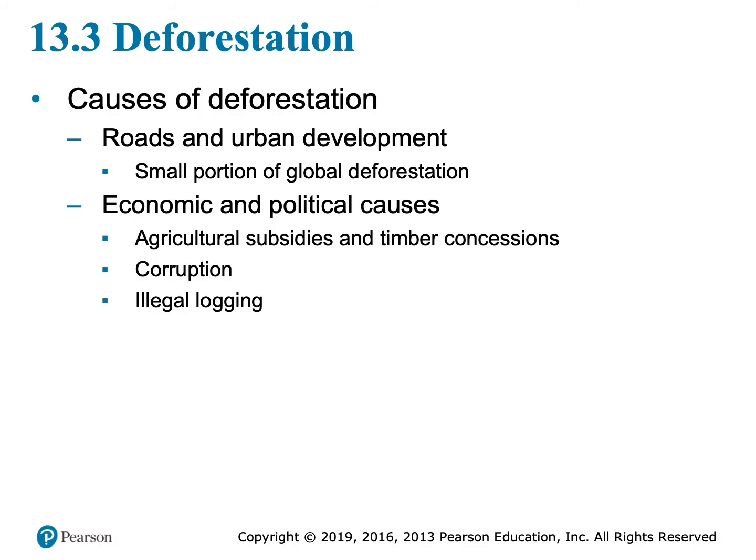This leads us to our last two causes of deforestation in your notes. Roads and urban development can lead to deforestation. It's a small portion of global deforestation, but it still leads to some deforestation. And then economic and political causes such as agriculture subsidies, timber concessions, corruption, illegal logging. A lot of it can come down to politics as well.